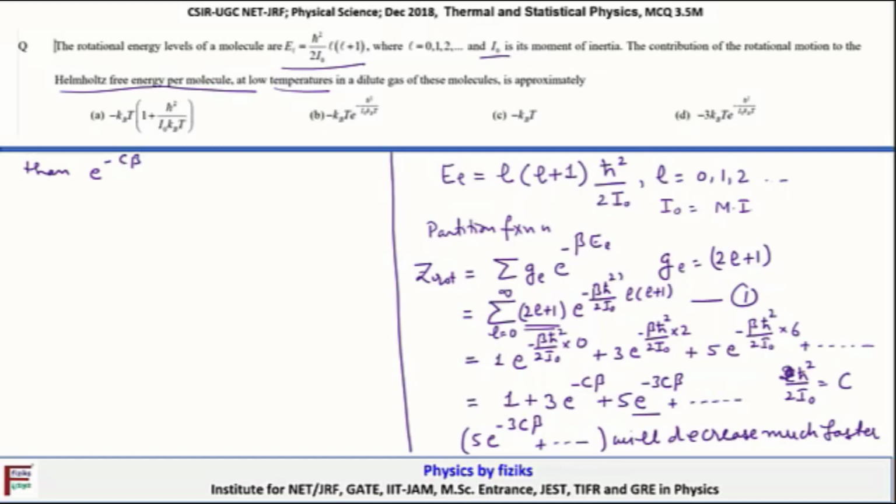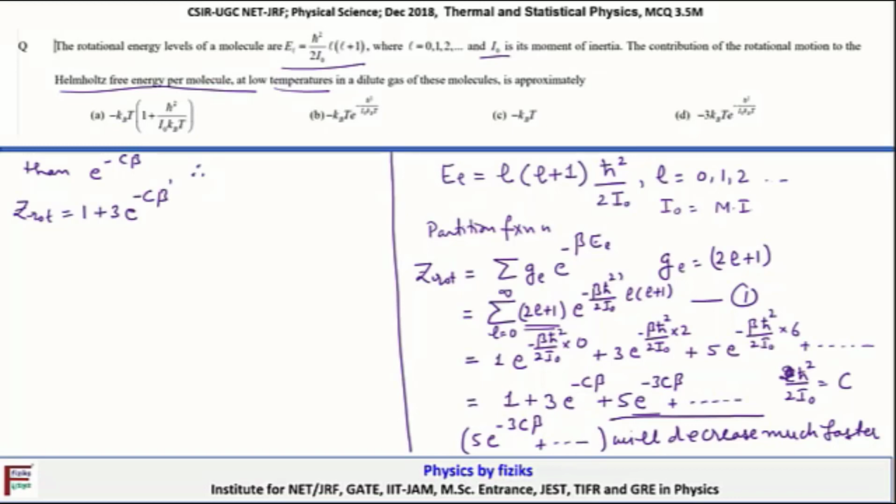So we can neglect all the higher order terms, including 5 exponential minus 3 c beta, at low temperature. Therefore we can write the partition function under this approximation at low temperature: Z rotational is equal to 1 plus 3 exponential minus c beta.